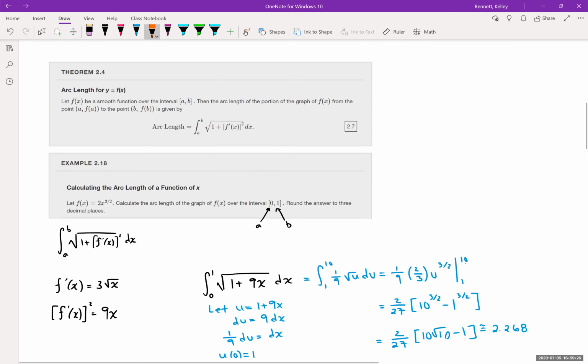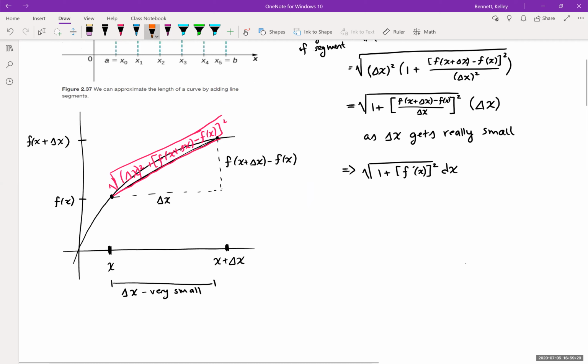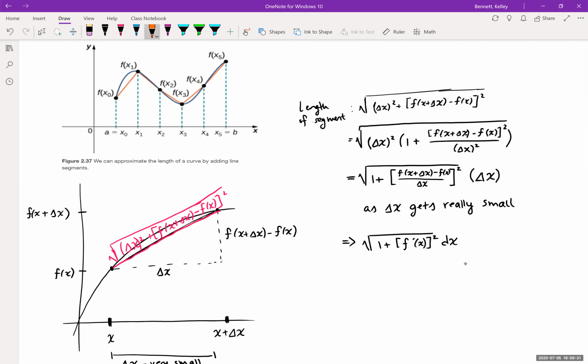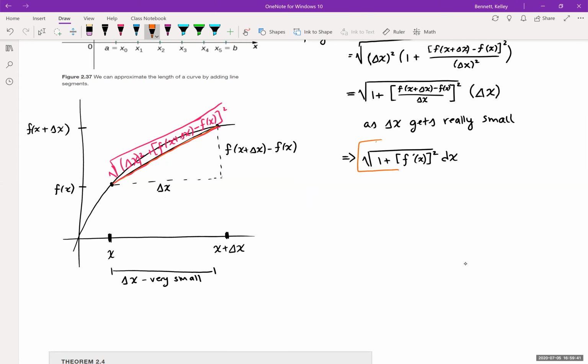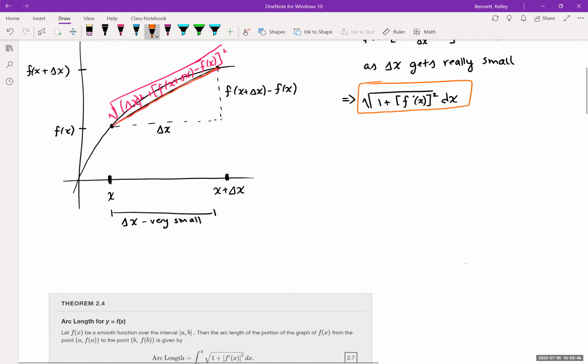That little piece on the curve was estimated by this secant line here. That little secant line was given by this one here, right?